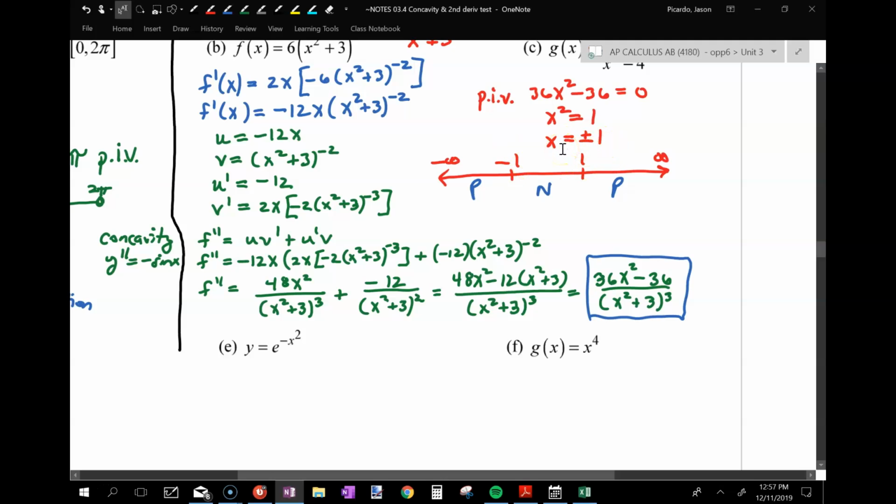So I am concave down from there to there, concave up on that interval, and I have an inflection point at x equals positive and negative 1 because that's where the concavity changed.